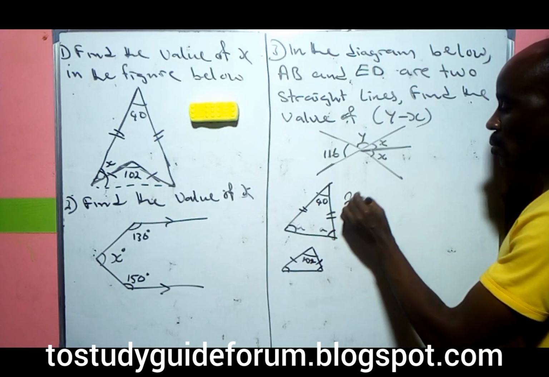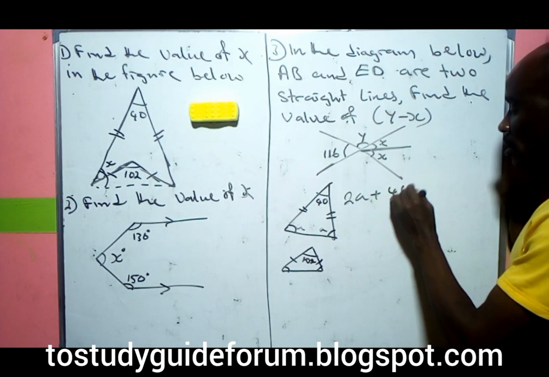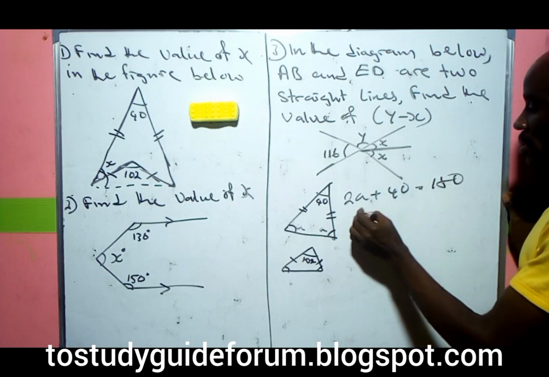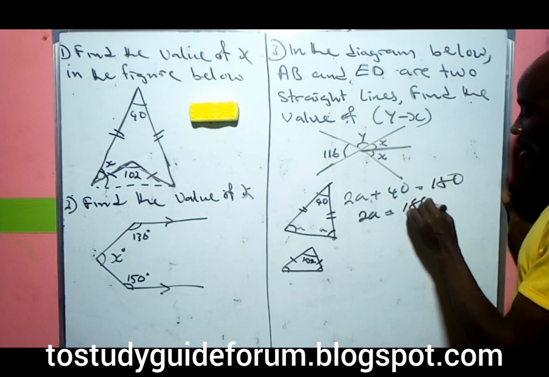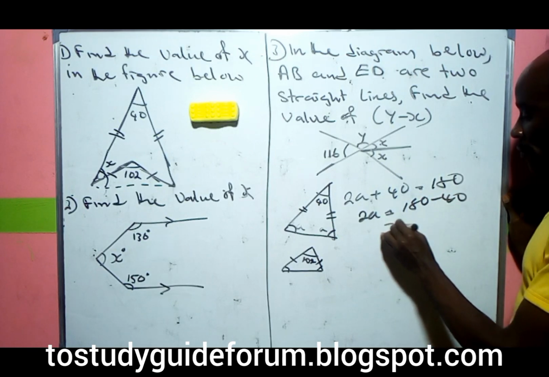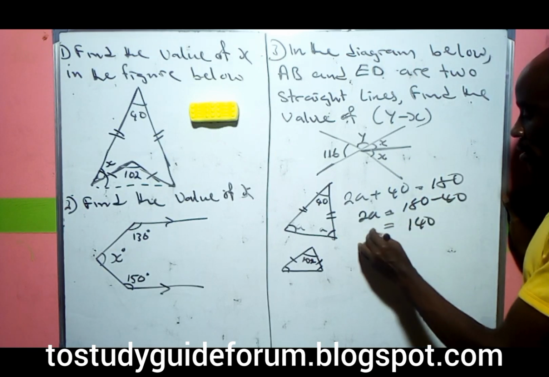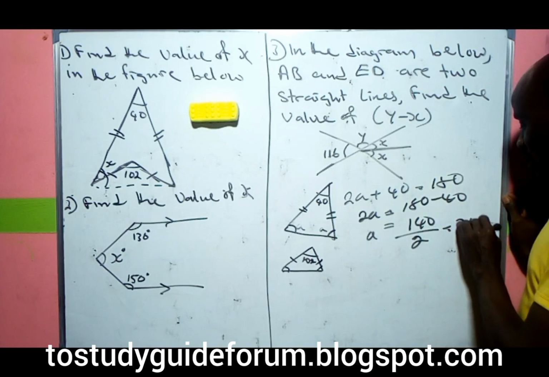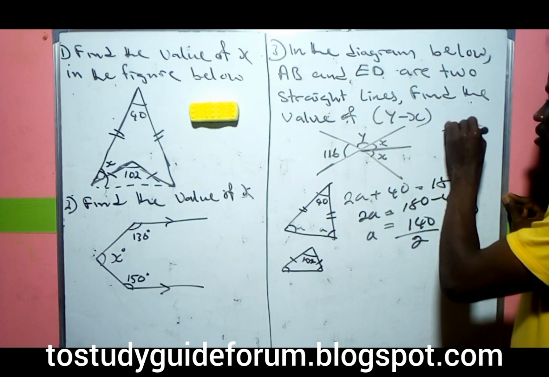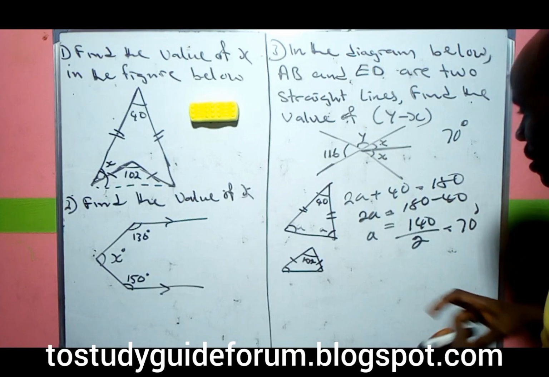It means that 2A plus 40 gives us 180. Therefore, 2A will be equal to 180 minus 40, which gives us 140. Then A will be 140 divided by 2, which gives us 70 degrees.